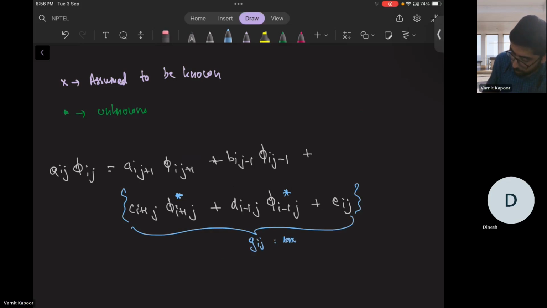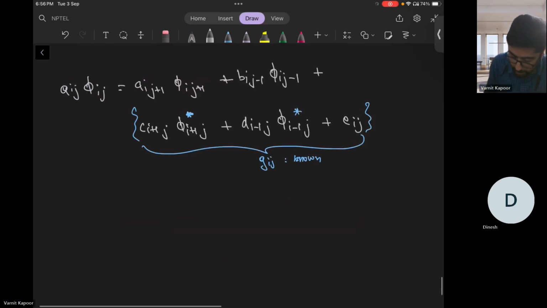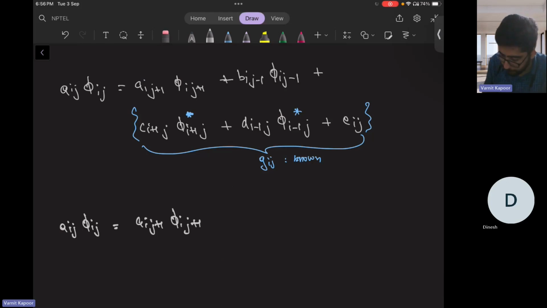That is known. So how can I write the equation again? Aij phi ij is nothing but Aij plus 1 phi i j plus 1, because in the north you don't know, plus Bij minus 1 phi i j minus 1, in the south you don't know because you are traversing.